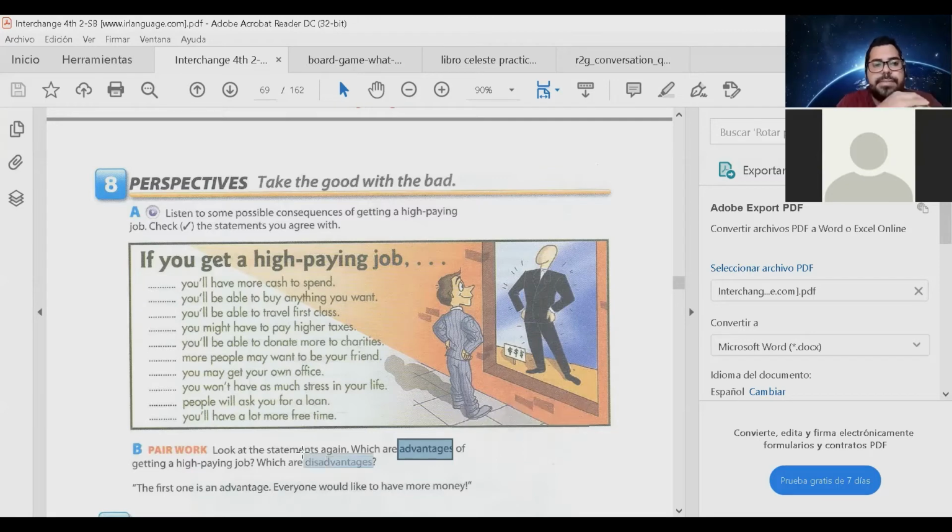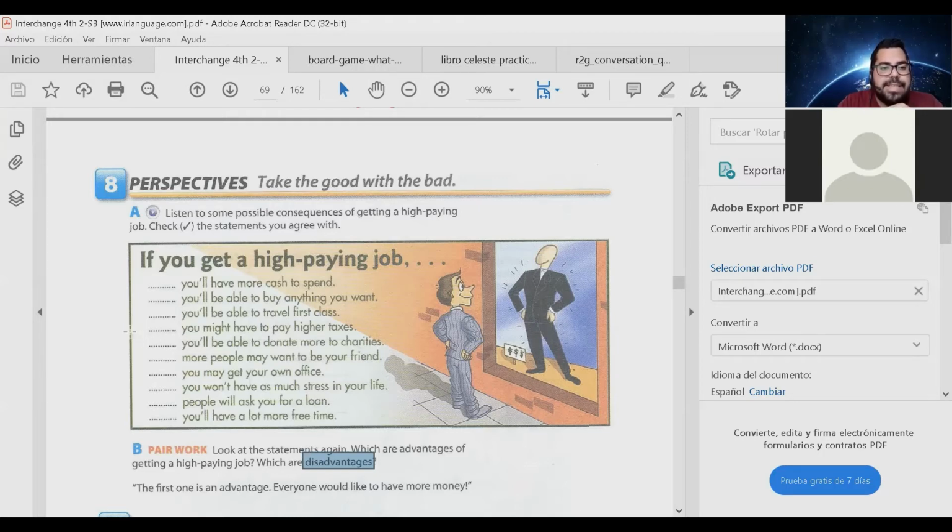For example, I was thinking in a house of, for example, $5 million. If you have a high paying job, you could go to the bank and take a loan to buy this house.